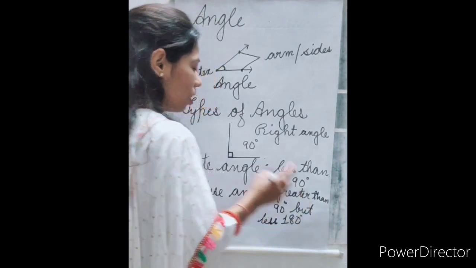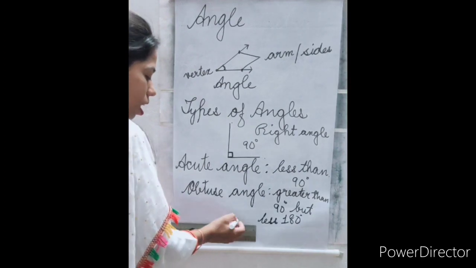Angles greater than 90 degrees and less than 180 degrees are obtuse angles.